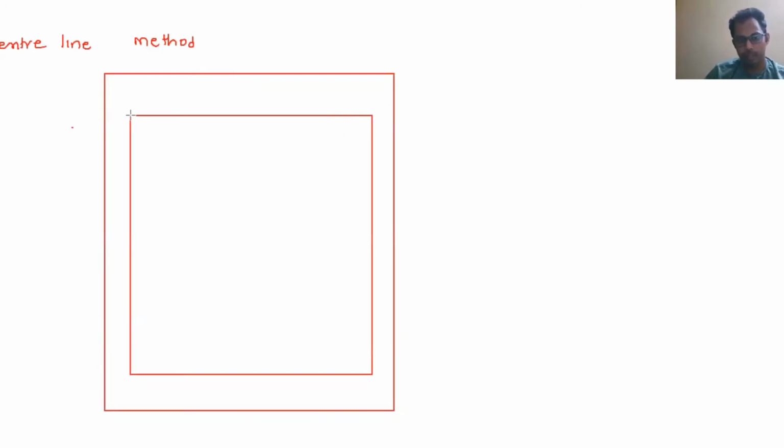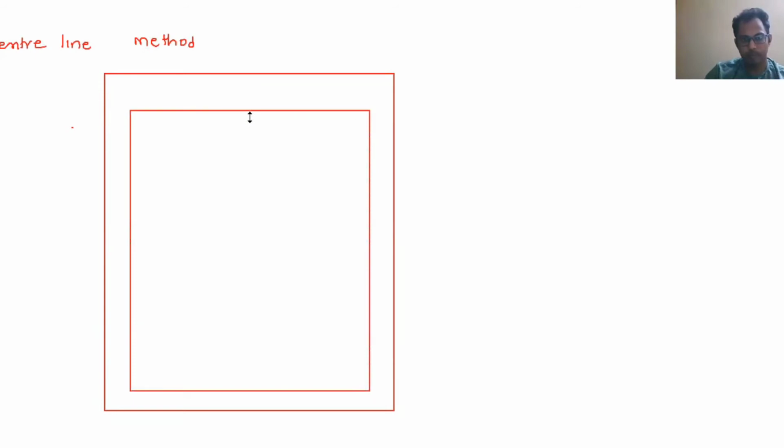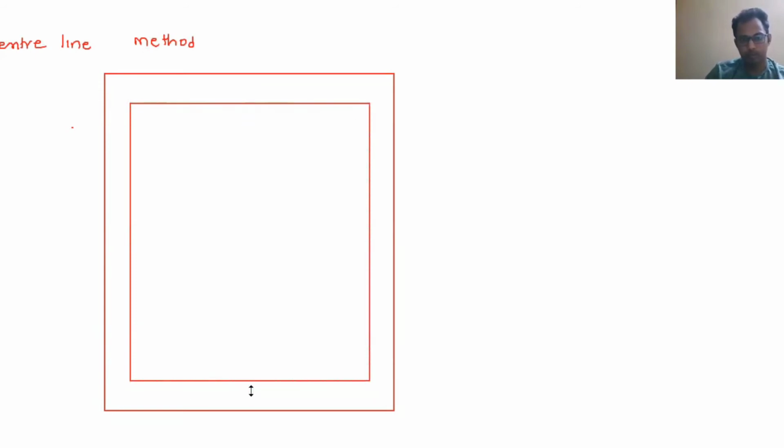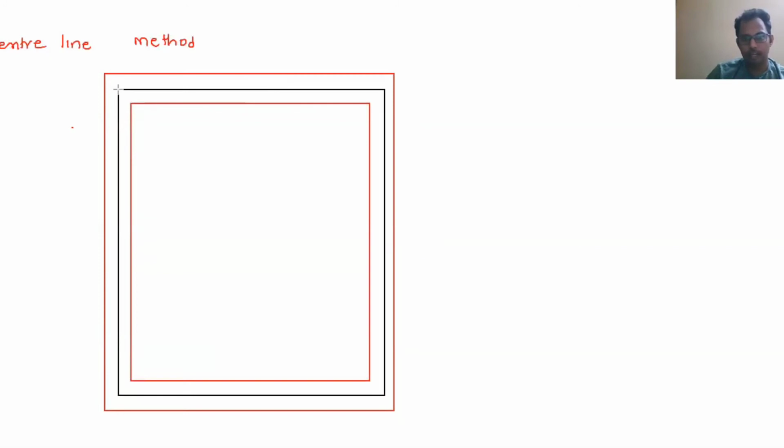Let us take this as inner to inner. So let us take another line which is a center line. Let this be the center line.